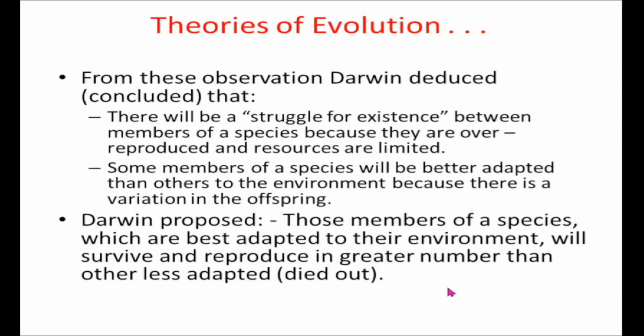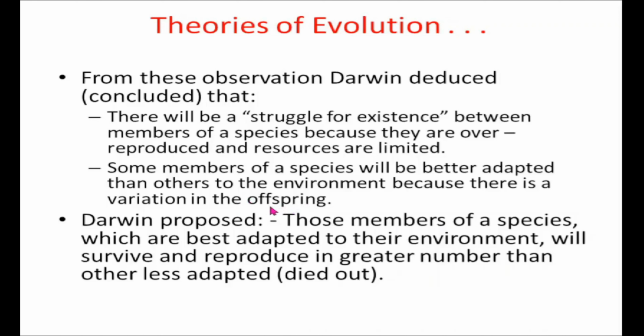From this observation, Darwin concluded that there will be a struggle for existence between members of a species because they over-reproduce and resources are limited. Some members of a species will be better adapted than others to the environment because there is variation in the offspring.